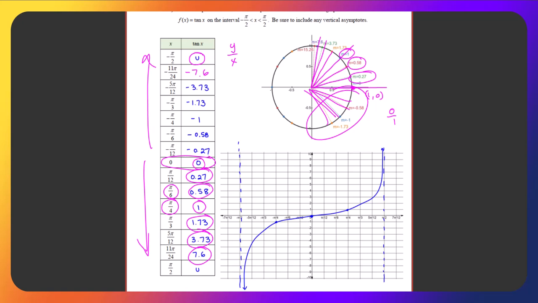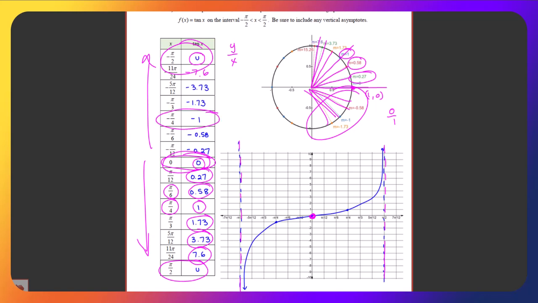If I plot those, we see that at pi over 2, we have undefined, which back in the day was a vertical asymptote, and negative pi over 2 was undefined, another vertical asymptote. At 0, we have this point. Now let's just graph two other points to get a sense here.